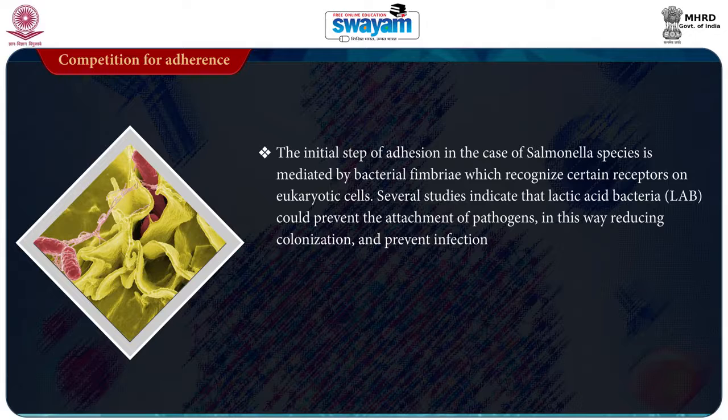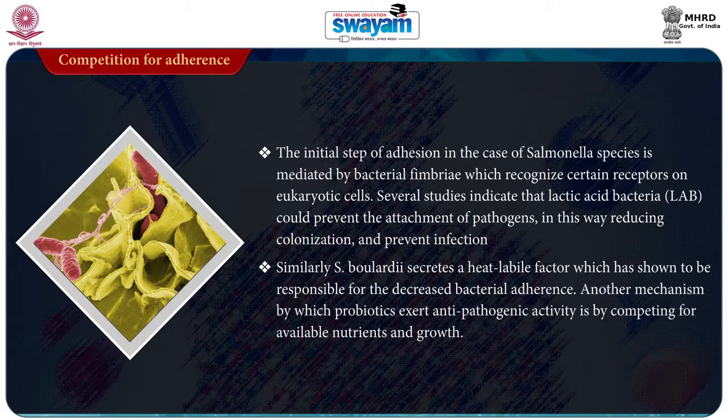Several studies indicated that lactic acid bacteria could prevent the attachment of pathogens, in this way reducing colonization and preventing infection. Similarly, S. boulardii secretes a heat labile factor, which has been shown to be responsible for decreased bacterial adherence. Another mechanism by which probiotics exert antipathogenic activity is by competing for available nutrients and growth.